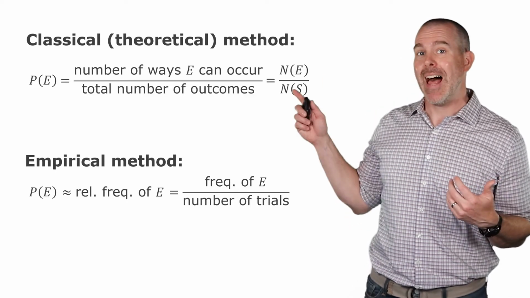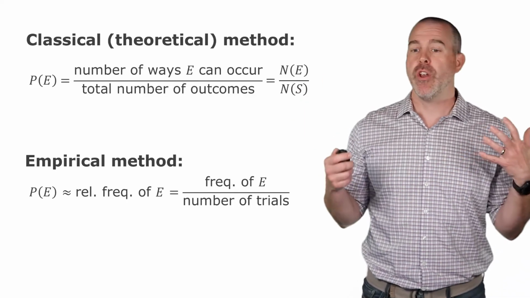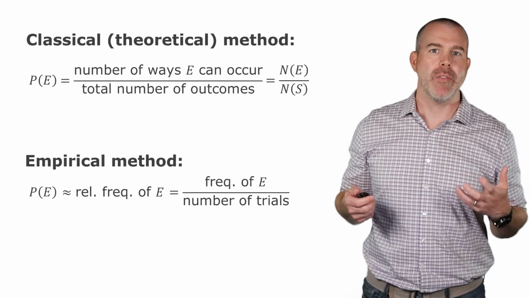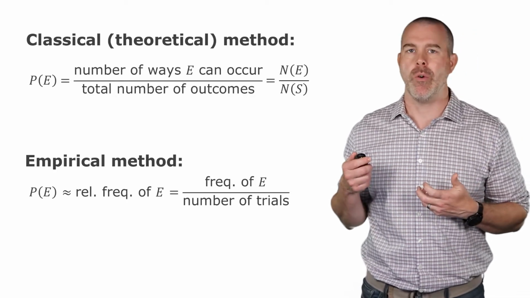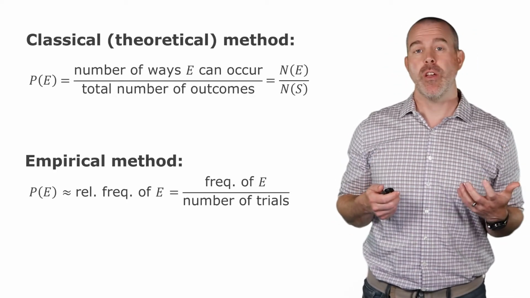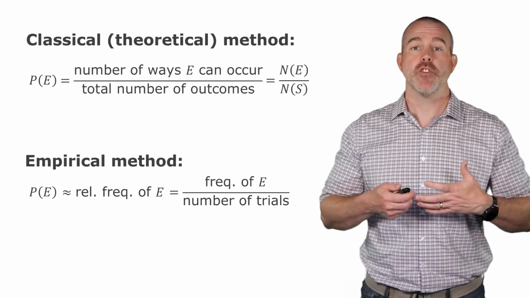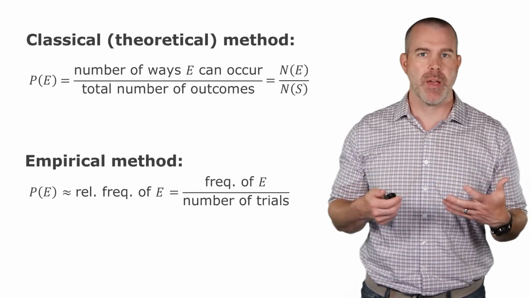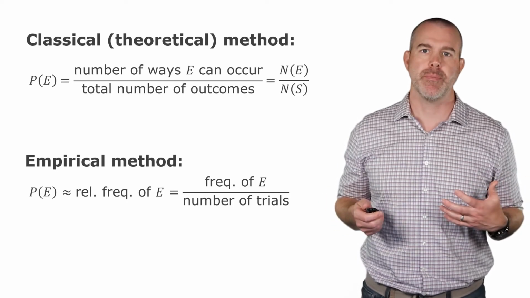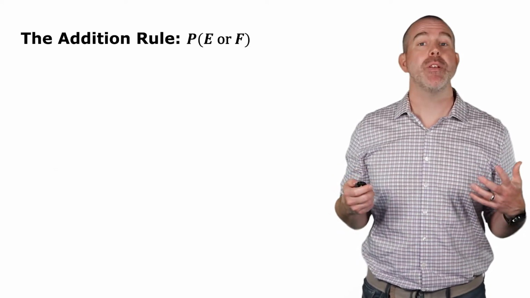So you have classical probability, that's just in theory. If you know something about the deck of cards or a flip of a coin or the die, then you can find the probability that way. And then empirical probability would be just looking at data, looking at some kind of tests or trials that were done.